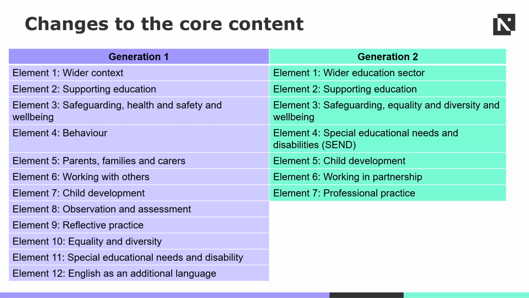Parents, families, carers and working with others have merged into working in partnership. Reflective practice, observation and assessment, behaviour, EAL and others have either been redistributed or embedded across the professional practice. The rationale for this was to avoid any unnecessary duplication between the core and the OS and to support continuity of learning for you and your students.